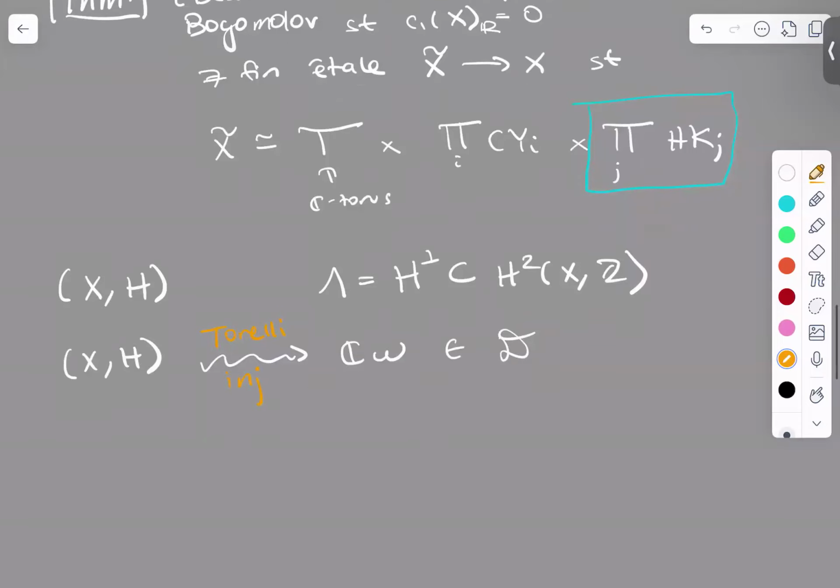And so just as before, I get inside of this a quotient of the form D mod gamma, where maybe gamma is a slightly different group.